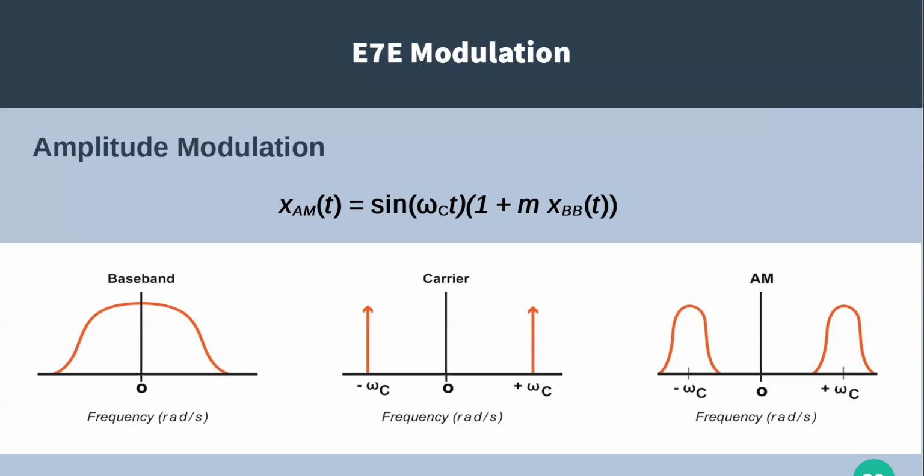When you mix the baseband with the carrier, you get a waveform that looks like the one on the right. Forget about the ones on the left because they're imaginary, but mathematically they're there. The center is the carrier, and then you have whatever your baseband was on either side of it, so plus and minus 3 kilohertz on either side of the carrier.